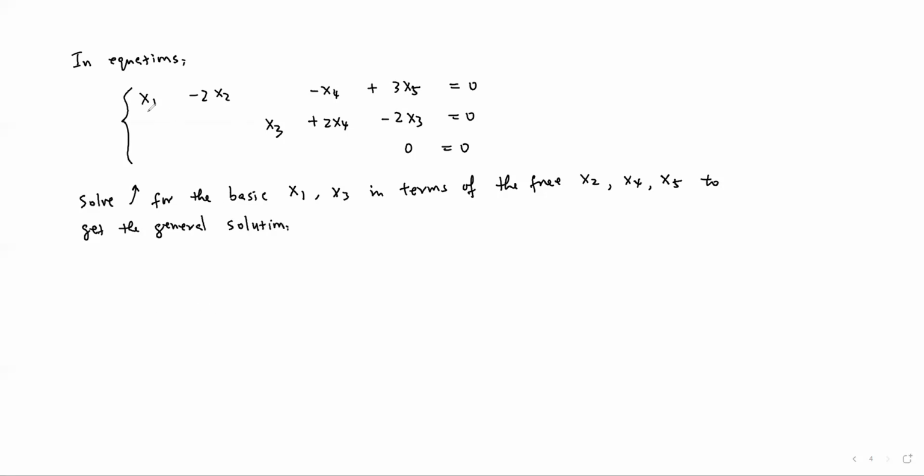General solution. Okay. From the first equation, keep the basic variable on the left side and move all the terms to the right side. From the second equation, keep the basic variable x3 on the left side, move all the terms to the right side.